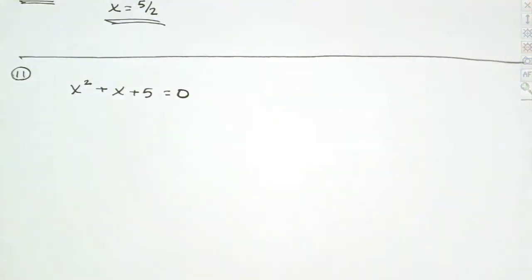So let's make sure we're on the right track. First off, has it been set to 0? Yes. To use the quadratic formula, it has to be set to 0. If it's not, make it equal 0.